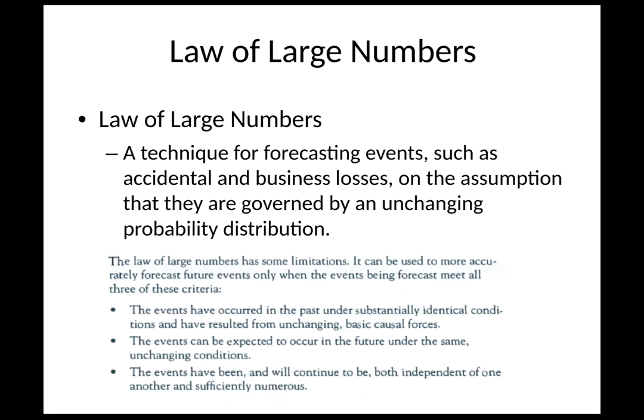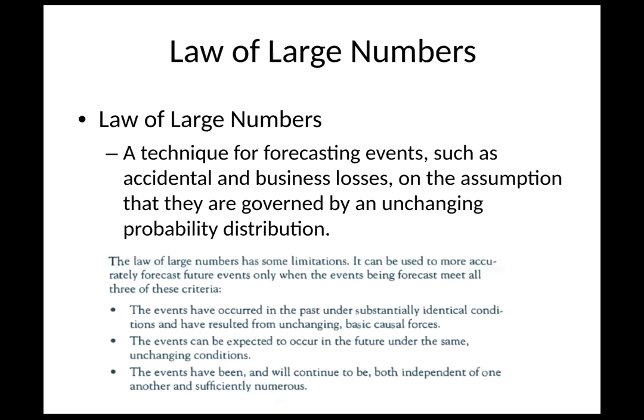The one question that you'll probably get when it talks about the law of large numbers is some of the limitations, right? It can be used, as on the point below, to more accurately forecast future events only when the events being forecast meet all 3 of these criteria. And again, from a testing standpoint, whenever they say these 3 things, or these 3 criteria, that's usually a good indication that it's going to be on the exam, and they'll have a question that says all these things are part of the criteria except for, or something like that.